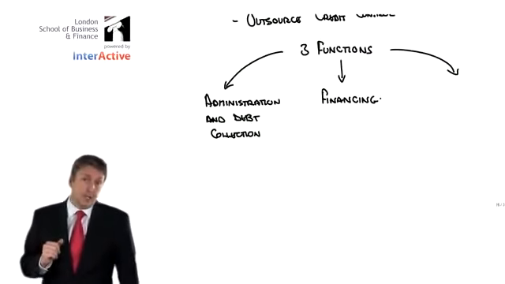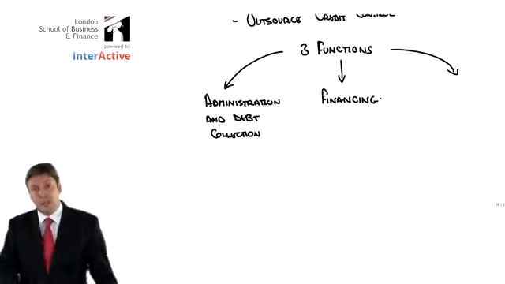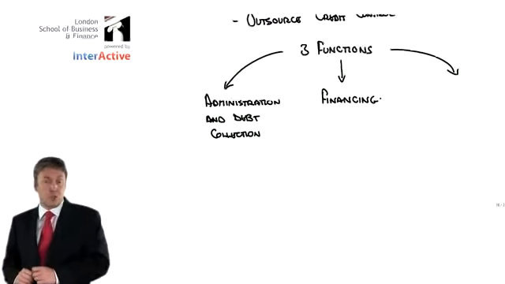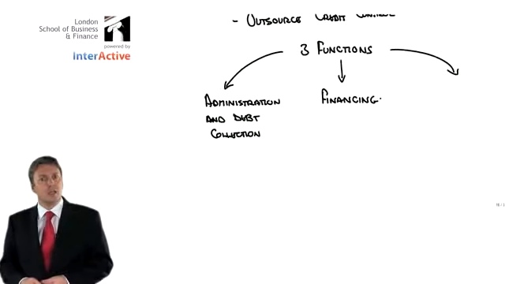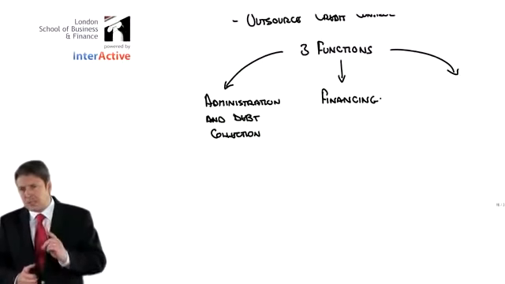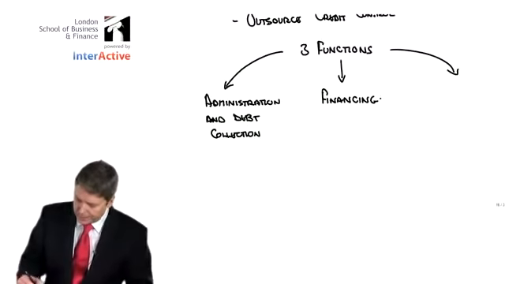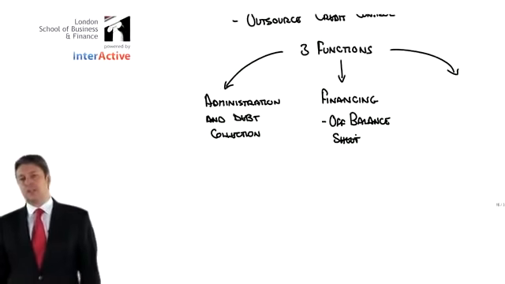You could say that it's a very useful short-term source of finance. It replaces short-term sources of finance such as an overdraft. Of course, financing costs money, but it does have one key quality, and that is that it is off balance sheet. So it hides from anybody analysing our balance sheet the fact that we've borrowed the money.